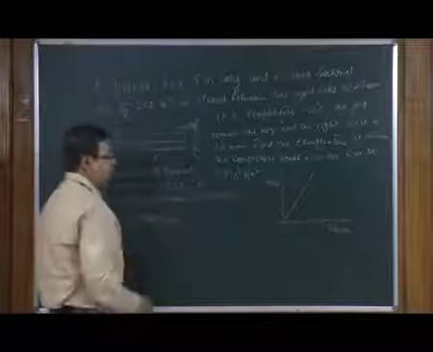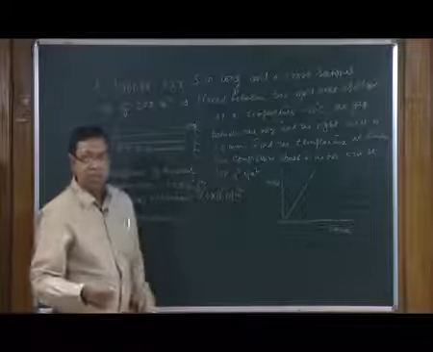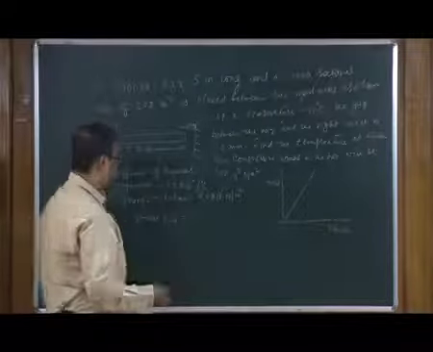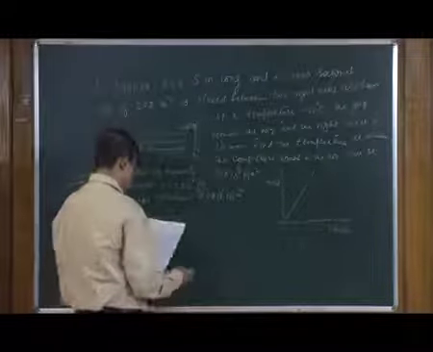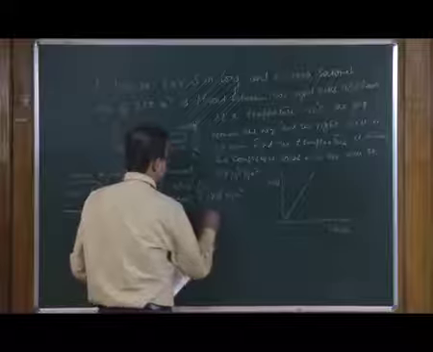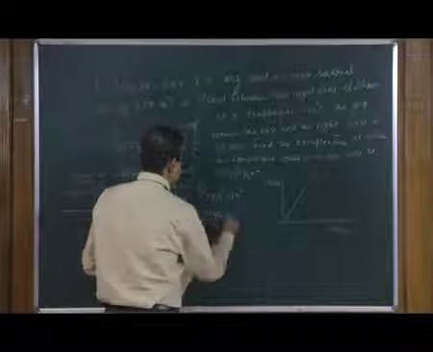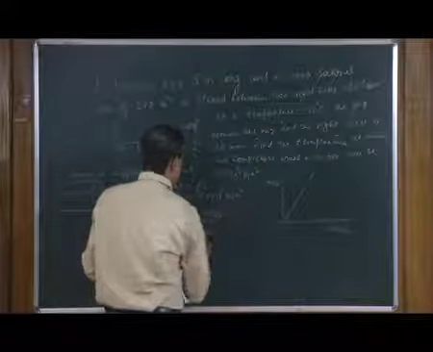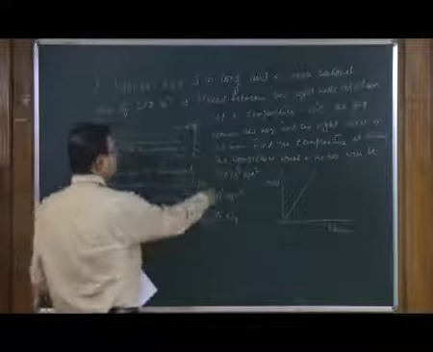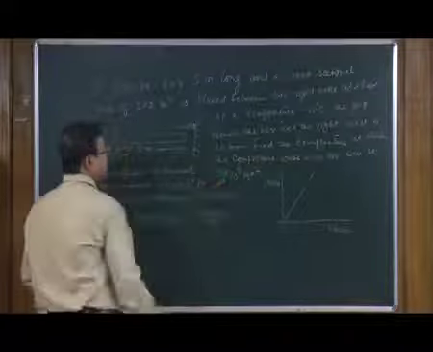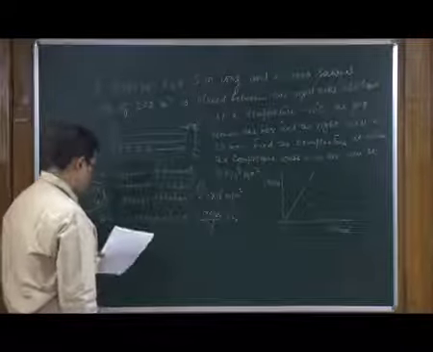We know that Y, which is the Young's modulus, is the stress versus strain. So this is equal to stress divided by Y into L0. This stress is the compressive stress that the question has talked about.